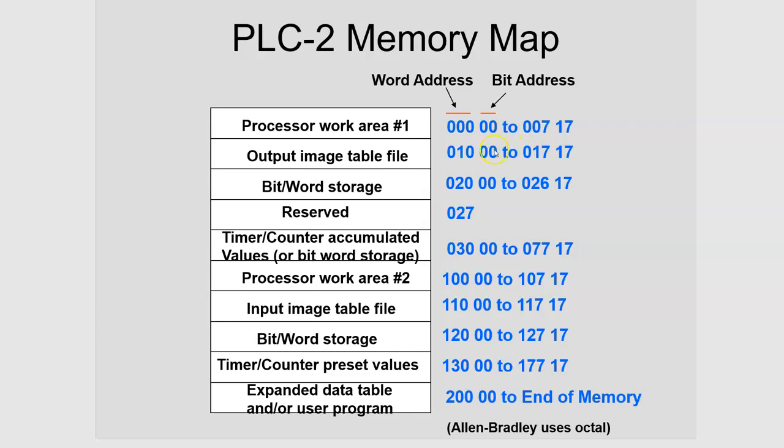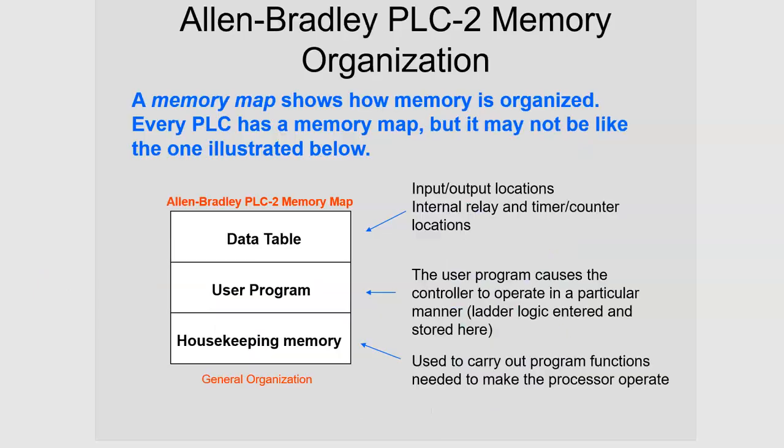There is no 8, and if you look at these numbers, you'll see we're counting in octal. But the point here is that we have these different areas in memory, and realize that memory is not structured like this or like this. This is just a way to think about it. So this is a logical way for us to think about it.